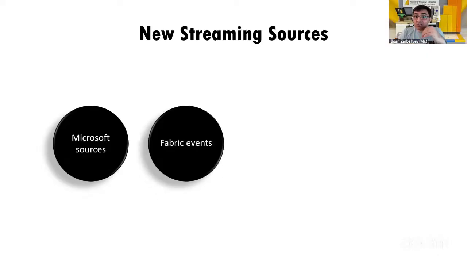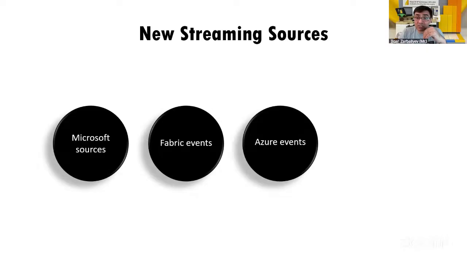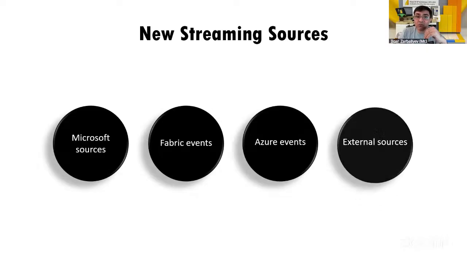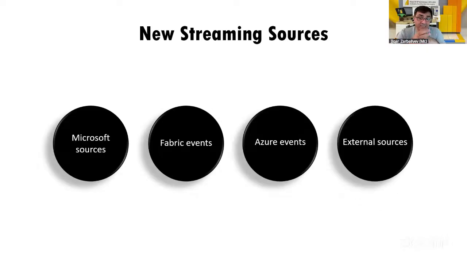It allows you to connect new external streaming sources and bring them into Fabric for real-time analytics. By selecting Add data, you can access a variety of connectors, including Microsoft sources, Fabric events, Azure events, and external sources.